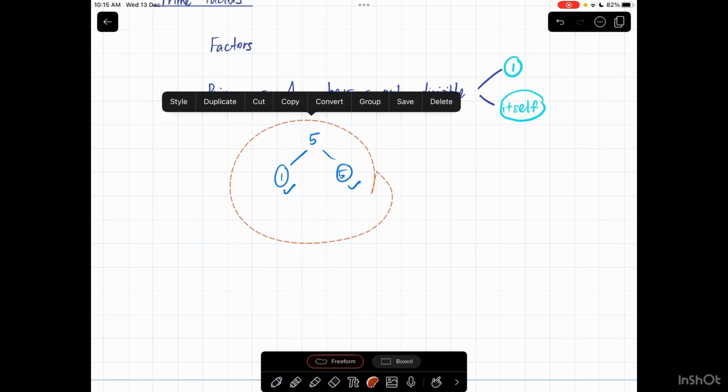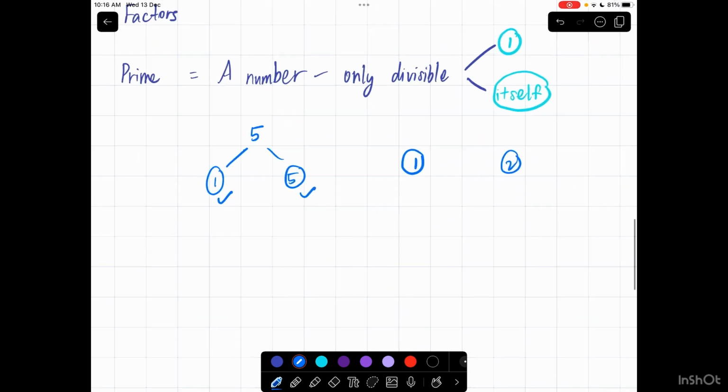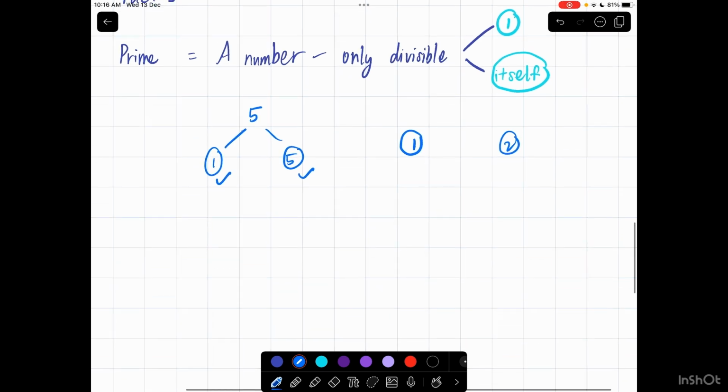Two important things to note here: the number 1 is not considered a prime number, as it's a standard requirement for a number to be prime. So we do not consider 1 as a prime number. And the number 2, although it's an even number which we may think is not prime, actually is, because 2 is divisible by 1 and by itself.